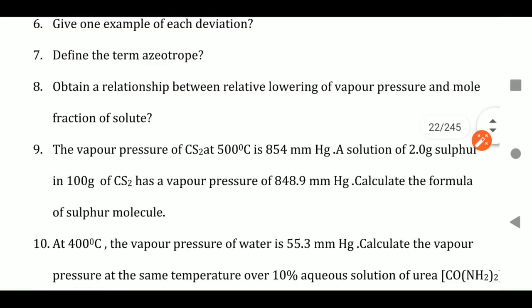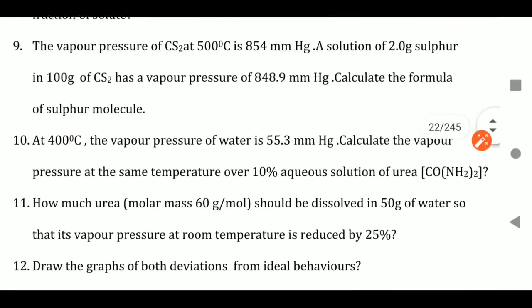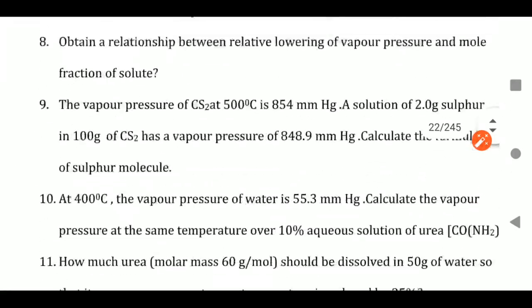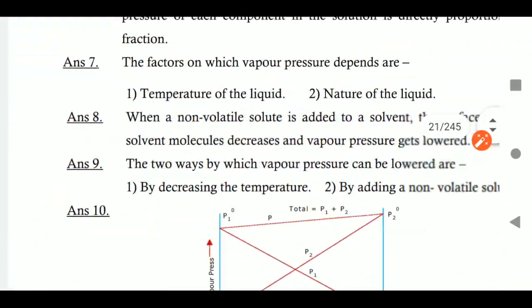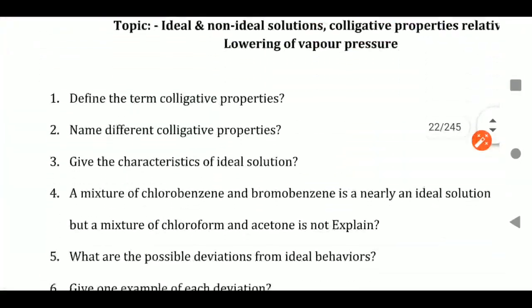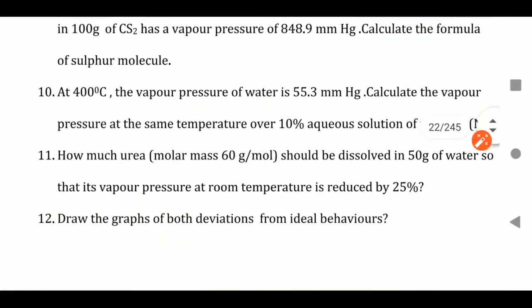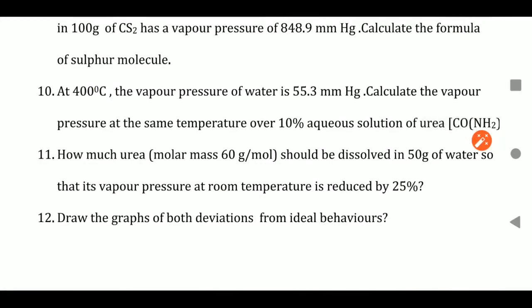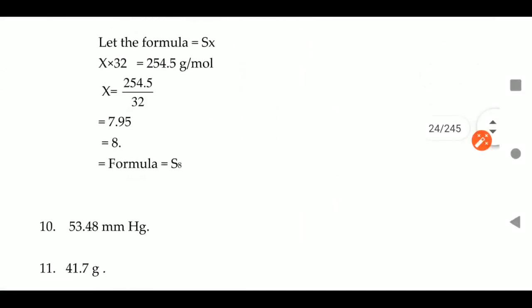Sorry. Student, I think we have lost the question, and yes, it was 10 at 400 temperature. Now we will check the solution number 10, this one.